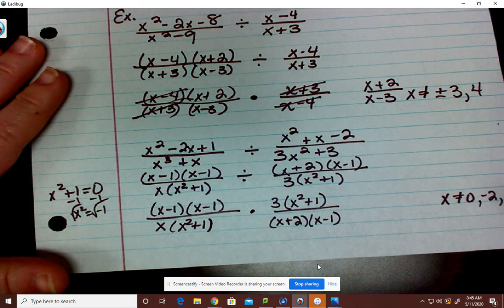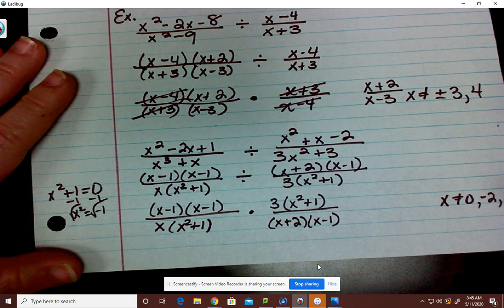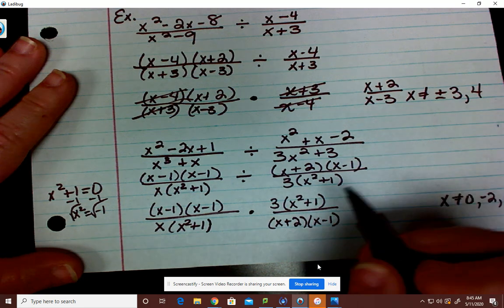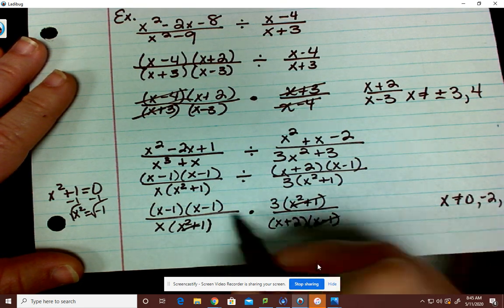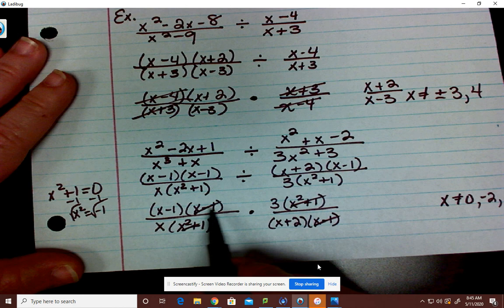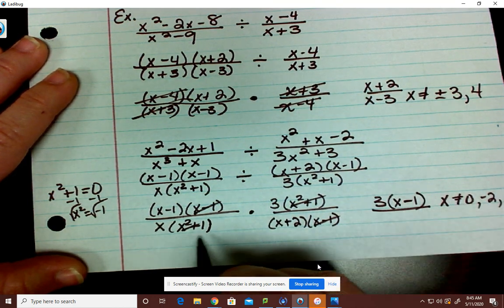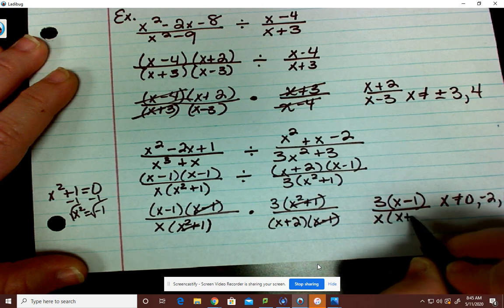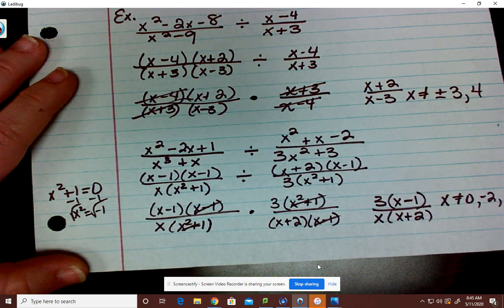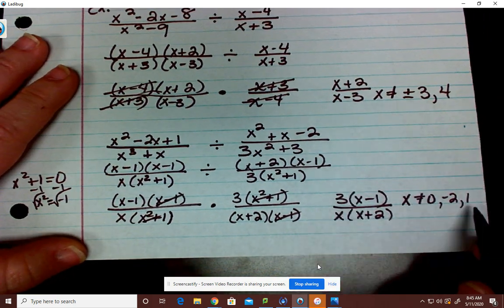Now I simplify. I can simplify the x squared plus 1 and the x minus 1. So here in the numerator I have a 3 and an x minus 1. In the denominator I have an x and an x plus 2. And so this right here would be my answer.